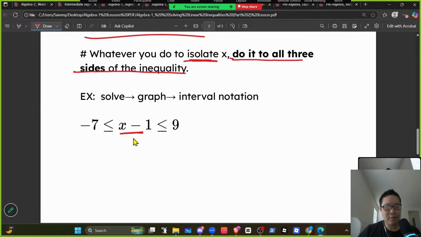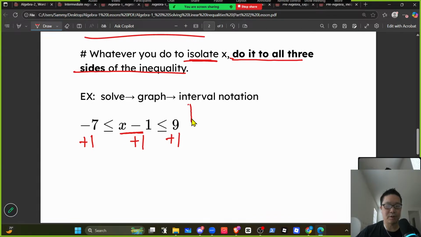And to isolate x, we're going to add 1 to all three sides. The other strategy is to break this up into an and statement, but you don't have to do that. It's more work, right?